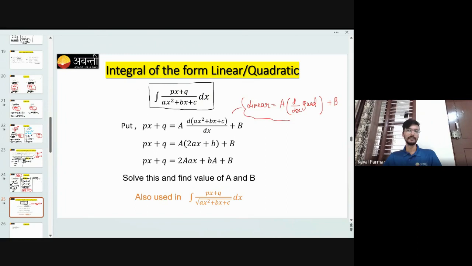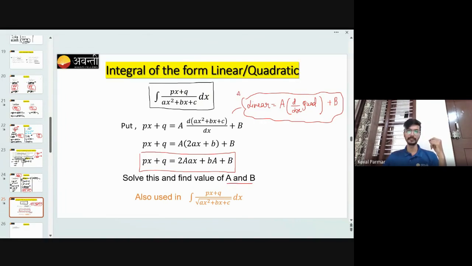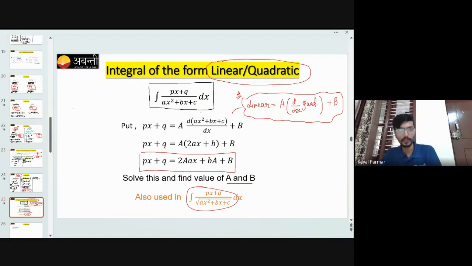Then I will compare these equations, or solve them, to get the values of a and b. This is very important. This is my mantra, meaning I have to use it if this format comes: linear upon quadratic, or linear upon root quadratic. So what is my mantra? Linear equals a into derivative of quadratic plus b.